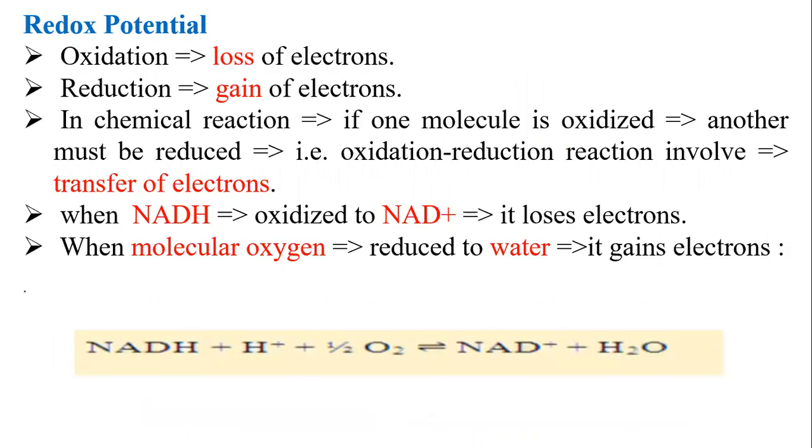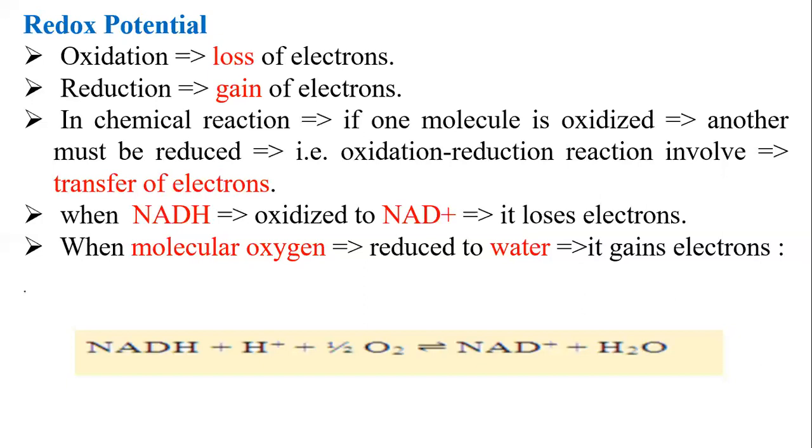Now let us see about redox potential. You know, in case of oxidation, there is loss of electrons, and in reduction, there is gain of electrons. In chemical reaction, if one molecule is oxidized, then another must be reduced. That is, oxidation reduction reaction involves transfer of electrons simultaneously.